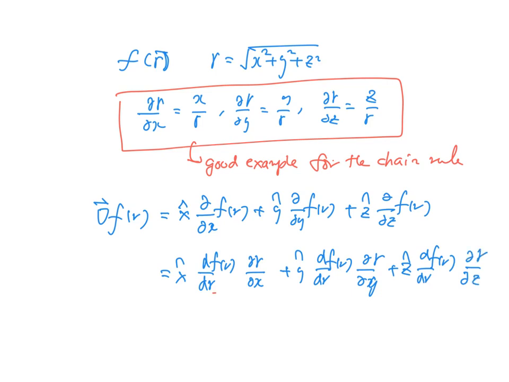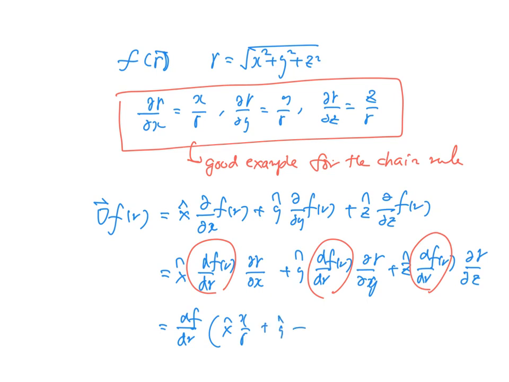It looks like they have a common factor, right? So we can put them together as a common factor. And this is x times x over r, y times y over r, z times z over r. So this is actually df/dr times the vector r over r. Sometimes we write r hat as r over r.